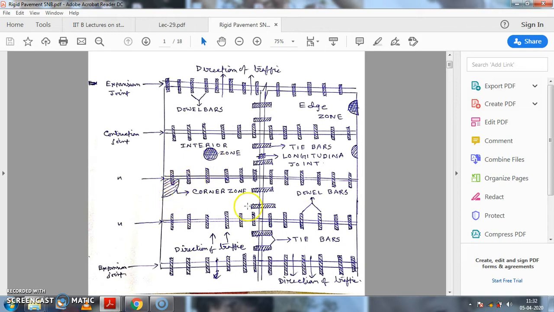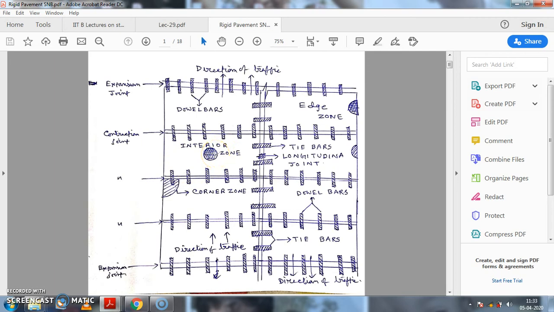So why are these three zones very important? Because interior zone means when the vehicle is moving in the interior portion of the pavement, that means the load is coming into the interior zone.